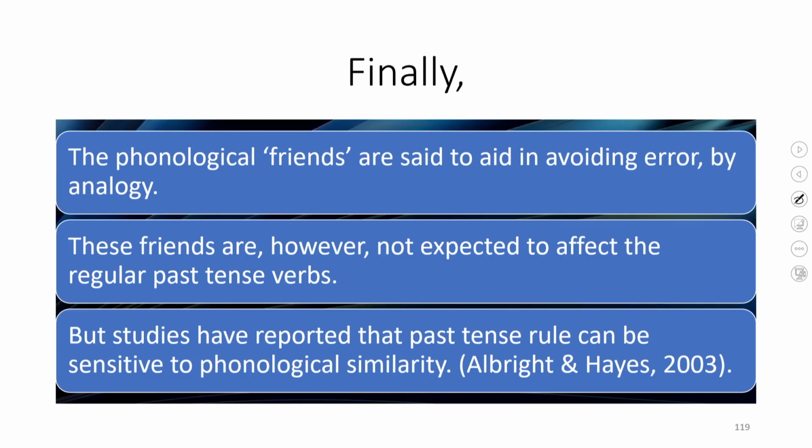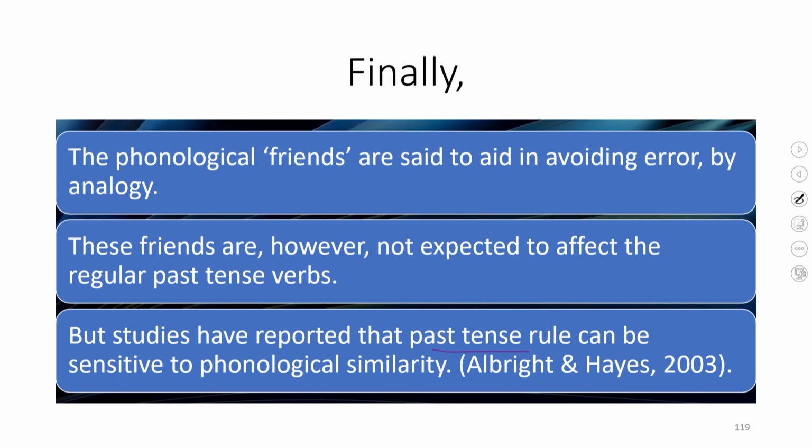For example, one particularly important study reported that the past tense rule can be sensitive to phonological similarity. This was a very interesting study, and the methodology was quite interesting. You may look up the paper.